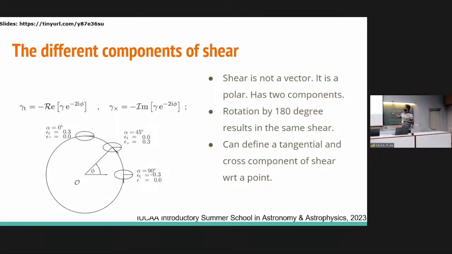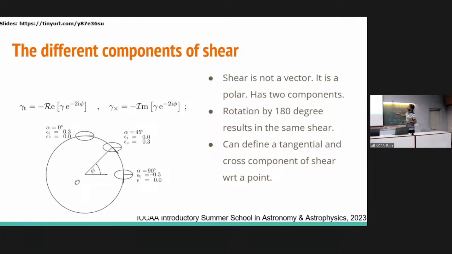So you can show that this gamma tangential, if you are at an angle phi with respect to the x-axis, okay, so this kind of a galaxy, you can calculate what the gamma is with respect to this new coordinate system, gamma t and gamma cross. Okay? So the gamma 1 and gamma 2 that you had, you can express in terms of gamma t and gamma cross. It is just a change of basis. Change of frame.